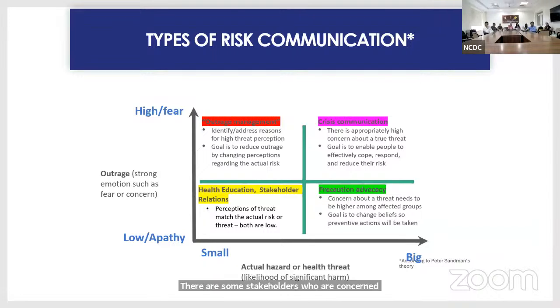We all need to know what my role is and how this disease is going to affect us. But based on the transmission dynamics, maybe the vulnerable population does not feel that risk and they will not come forward. So we need to undertake precaution advocacy also, which is shown in the lower quadrant on the right side, and in the lower left quadrant we have health education and stakeholder relations.